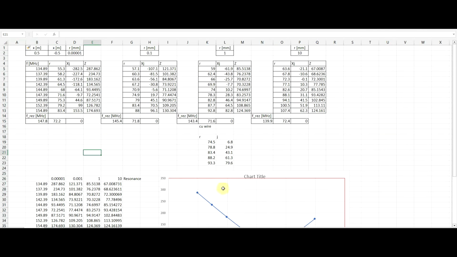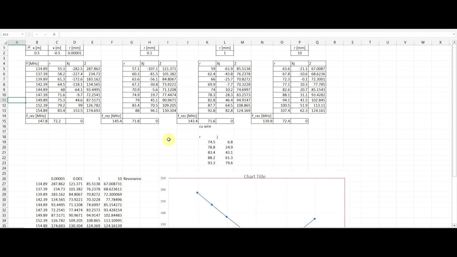So I summarized all of the values in this table, and the 4 thicknesses I simulated were a 0.00001 radius antenna, so this would be the closest to the ideal infinitely thin antenna, then 0.1 mm, 1 mm and 10 mm thick antennas. And for all of these thicknesses, I summarized the complex impedance and the exact absolute impedance and finally the resonance frequency.